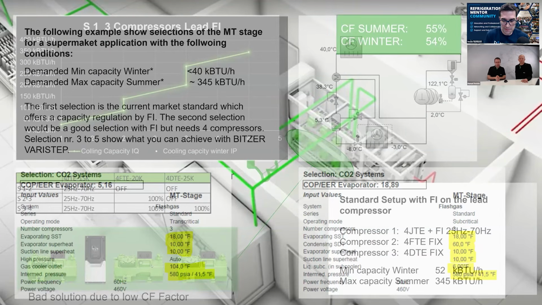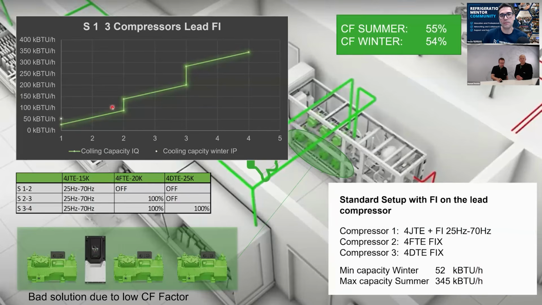volumetric volume, as double as big as the first one, which gives us a big jump when the second compressor is starting. So in this point, the lead compressor is running with 70 hertz.